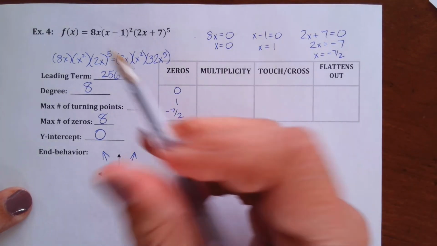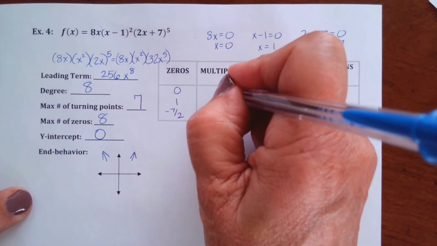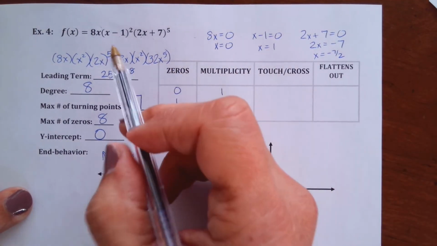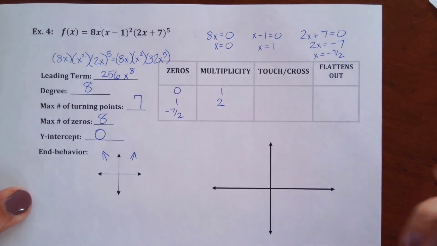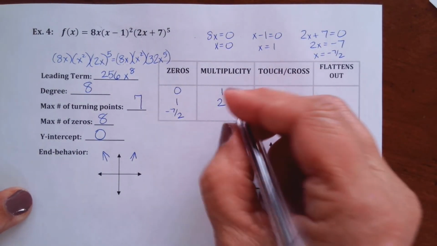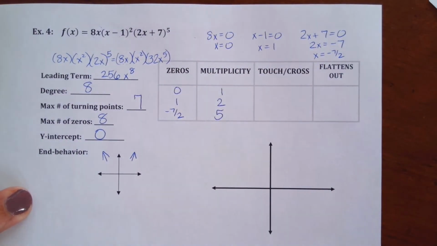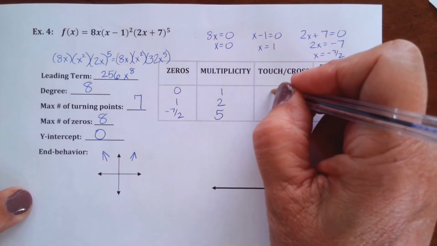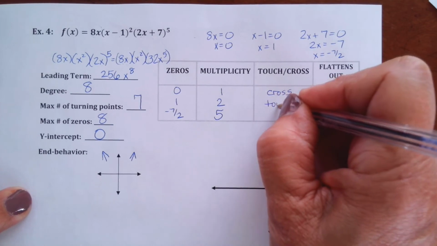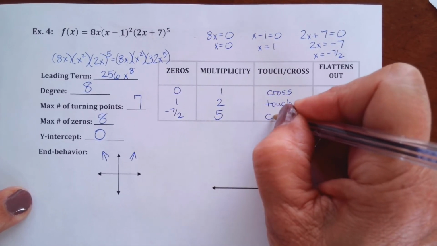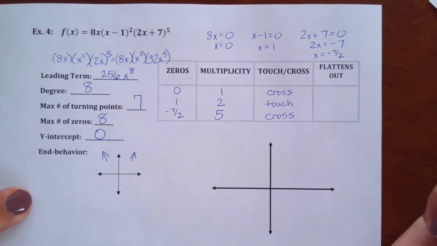All right, multiplicities. 8x is to the first power, so it has a multiplicity of 1 at 0. x minus 1 is squared, so it has a multiplicity of 2. And 2x plus 7, multiplicity of 5. So 1 is odd, it will cross. 2 is even, so it will touch. 5 is odd, so it will cross.